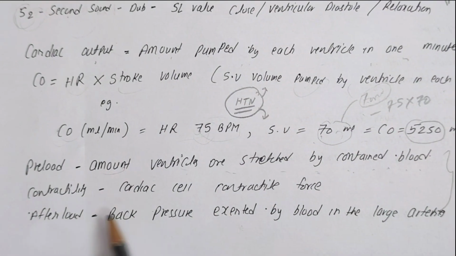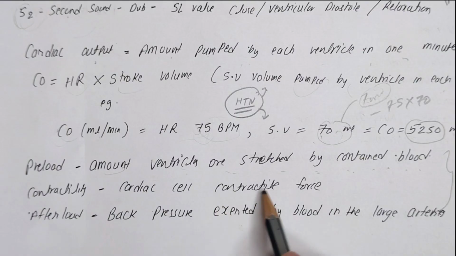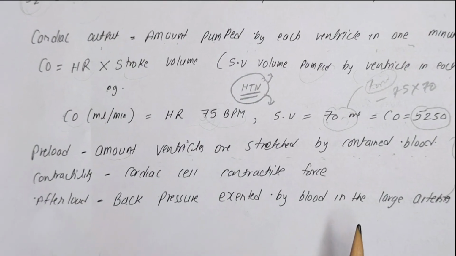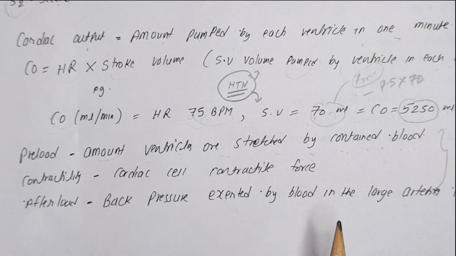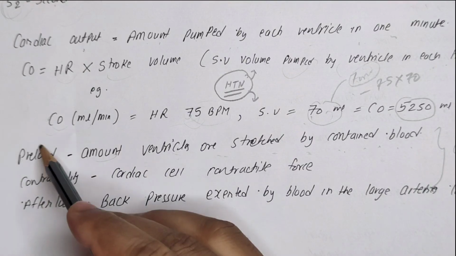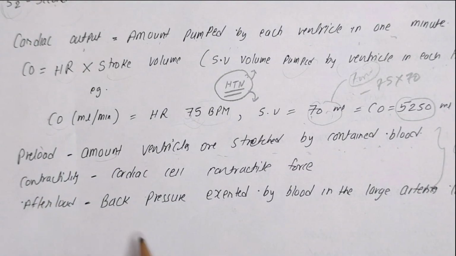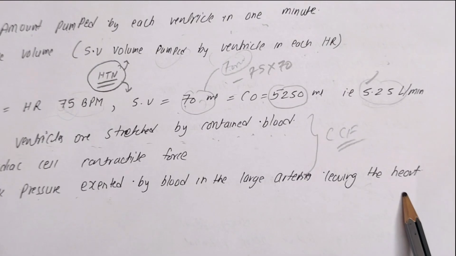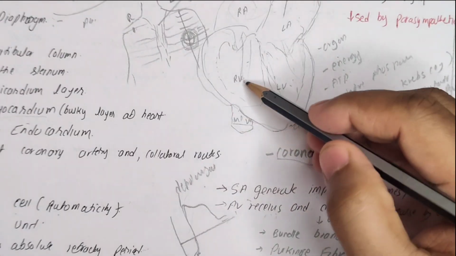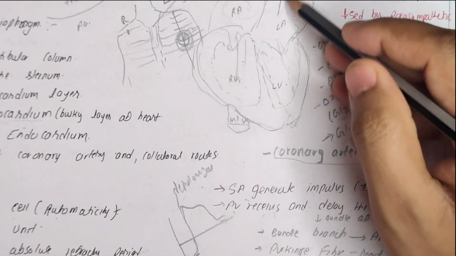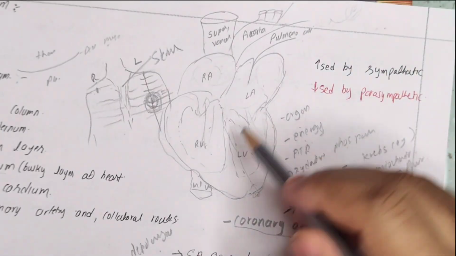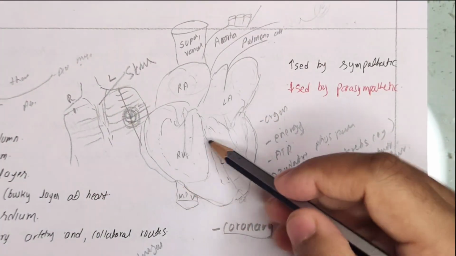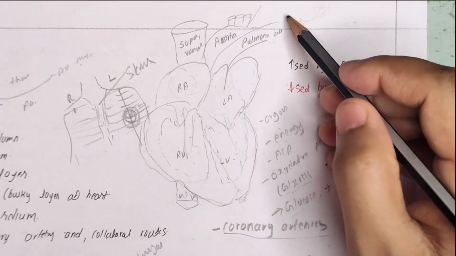Then similarly, contractility: cardiac cells contract with some contractile force. This is called contractility. There is nothing much to discuss. Then afterload; preload and afterload should be understood well. Back pressure exerted by blood in the large arteries while leaving the heart. Now, we have discussed that the right ventricle will pump blood to the lungs and the left ventricle will pump blood to our body. When it is contracted, blood will go to these large vessels, right?